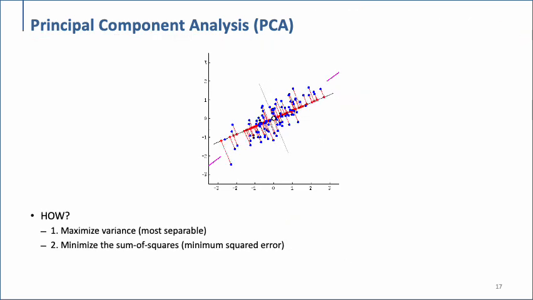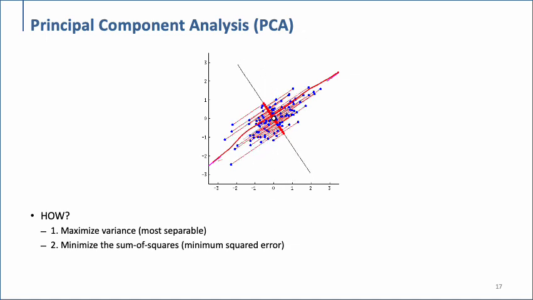So let's see how to calculate the principal components by using this graphical expression. Here, when you rotate this axis, you can calculate the variance. And when the axis is exactly the same as this line, we can see the data is mostly spread along this line.